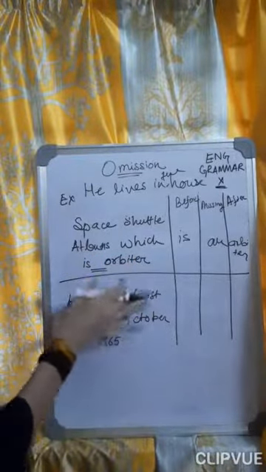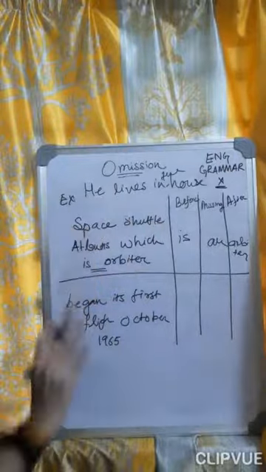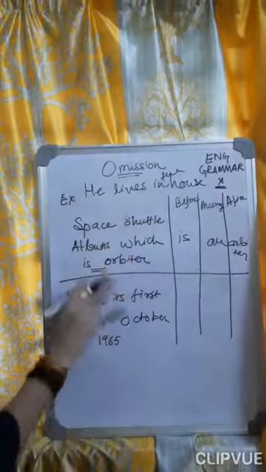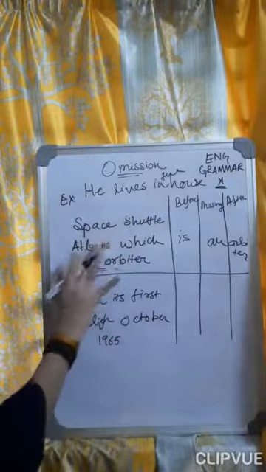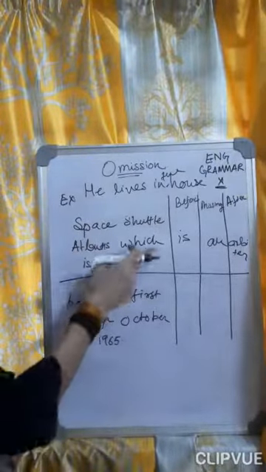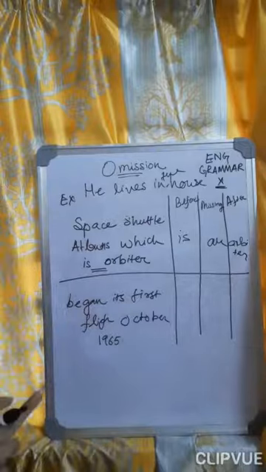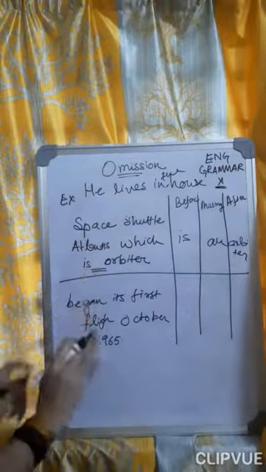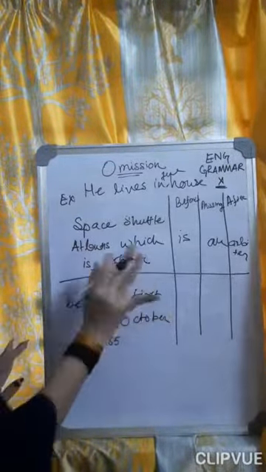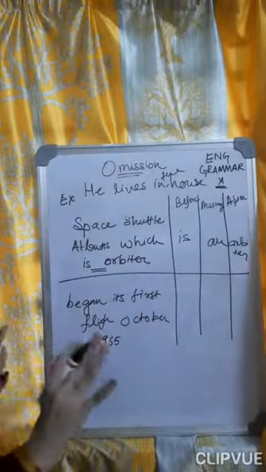You have to do it again: is there any problem with space, is there any problem with shuttle, is there any problem with Atlantis? Space shuttle Atlantis, there is no problem. Then you will find out that some problem can be here. So you have to do it in this way if you don't know what this orbiter thing is.